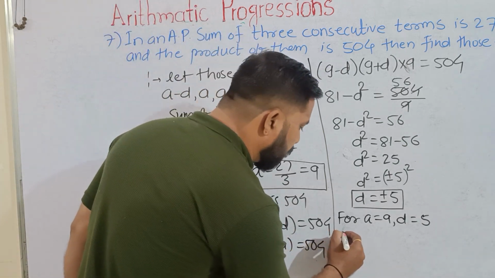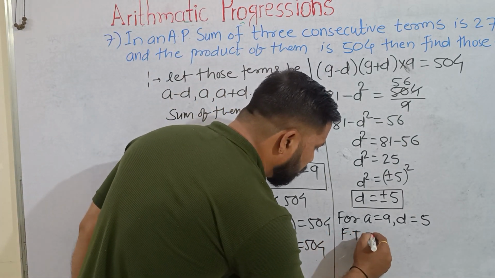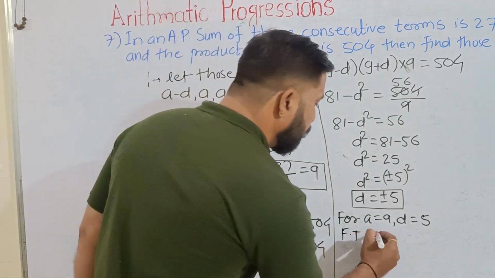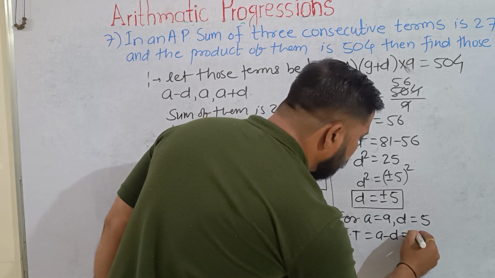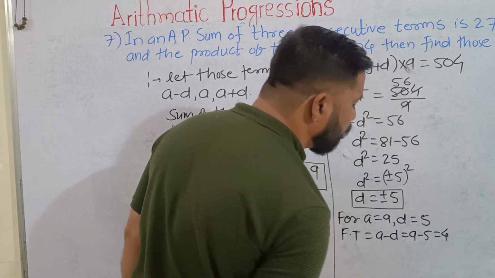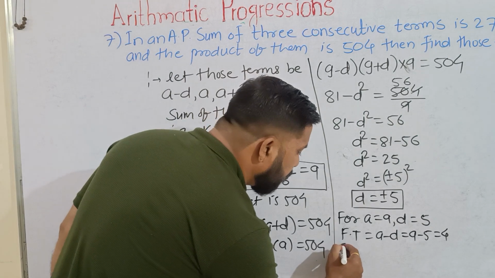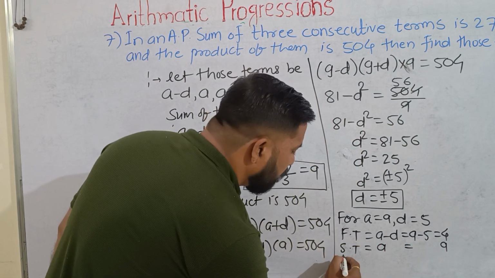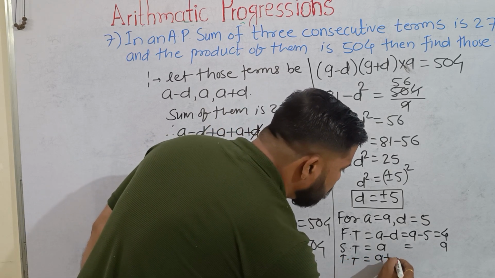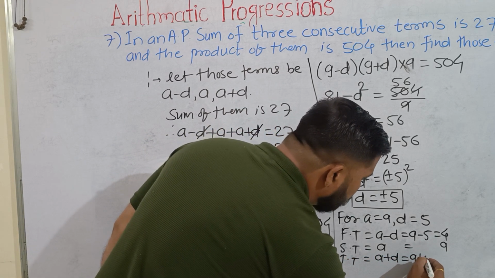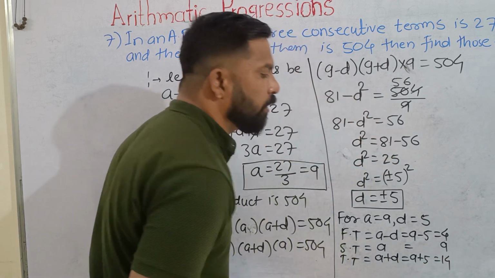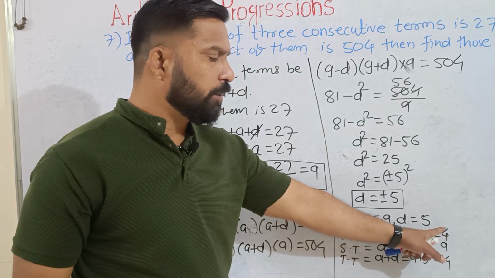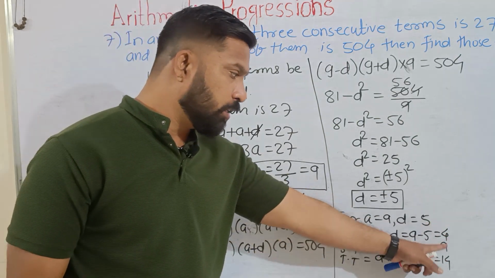Then first term is a minus d, 9 minus 5, which is equal to 4. What is the second term? Only a, which is equal to 9. What is the third term? A plus d, which is 9 plus 5, which is equal to 14. What is their sum? 14, 9, 23. 23 plus 4, 27. And their product must be 504.